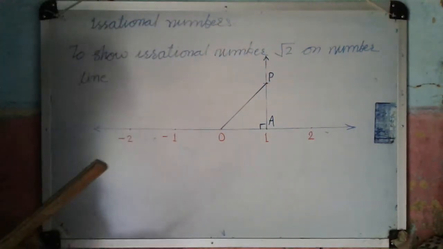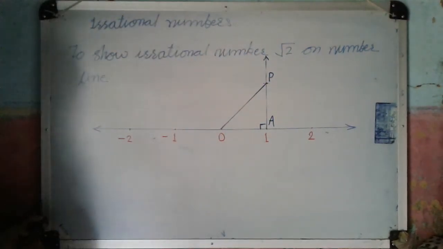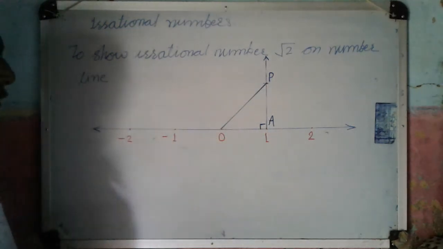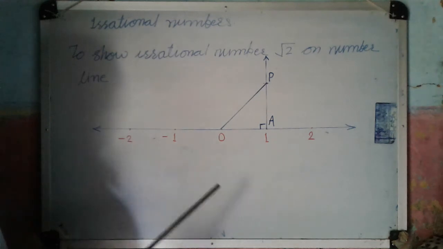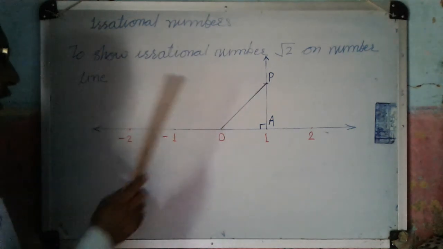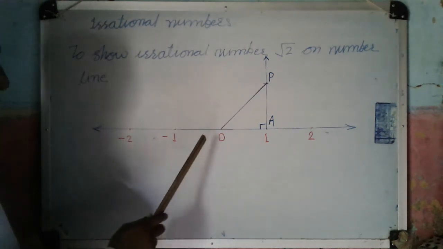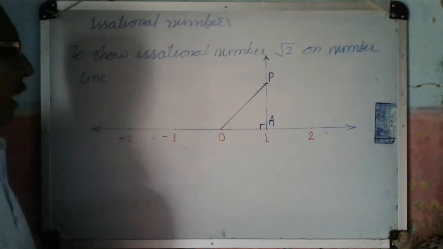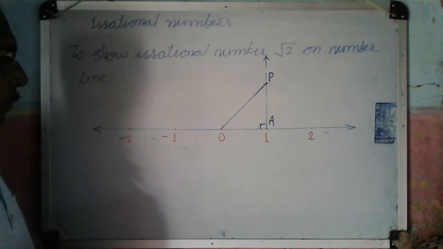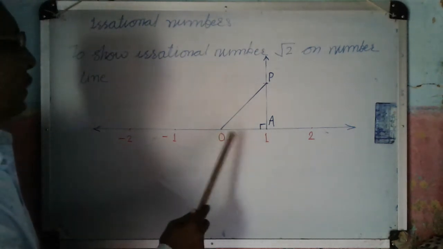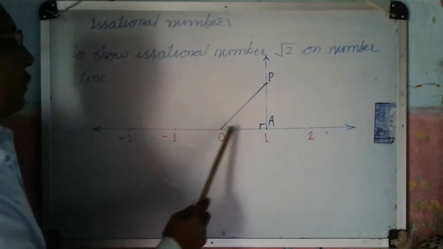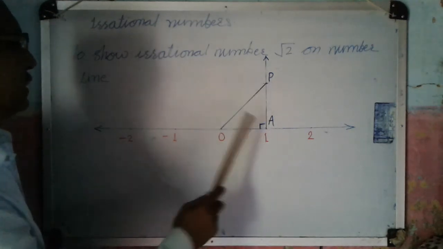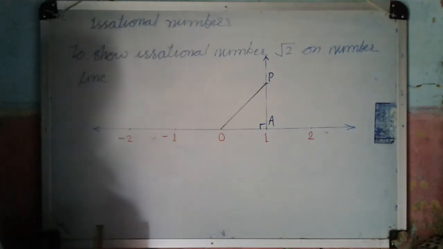So now here we get right angle triangle OAP. In this right angle triangle, OP is the hypotenuse, OA is the base, and AP is the height. This distance is 1 unit. OA is equal to AP. This distance is 1 unit.